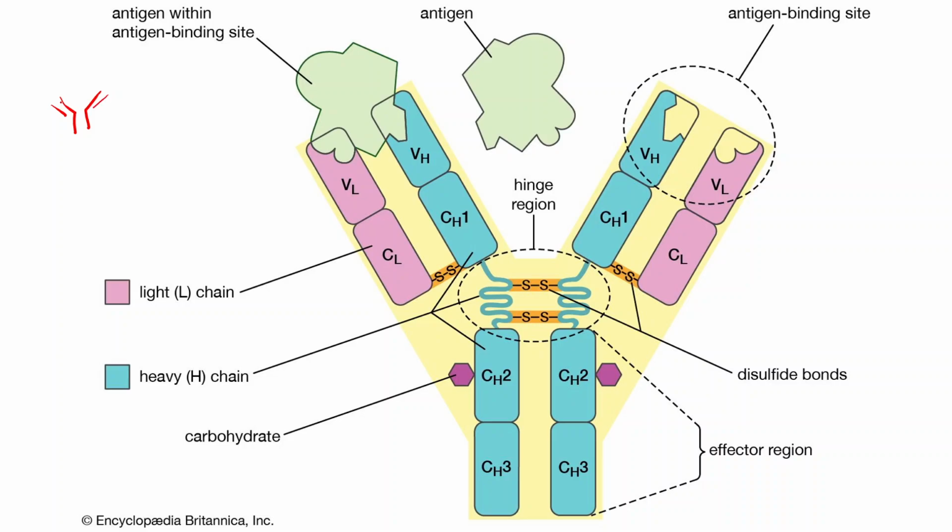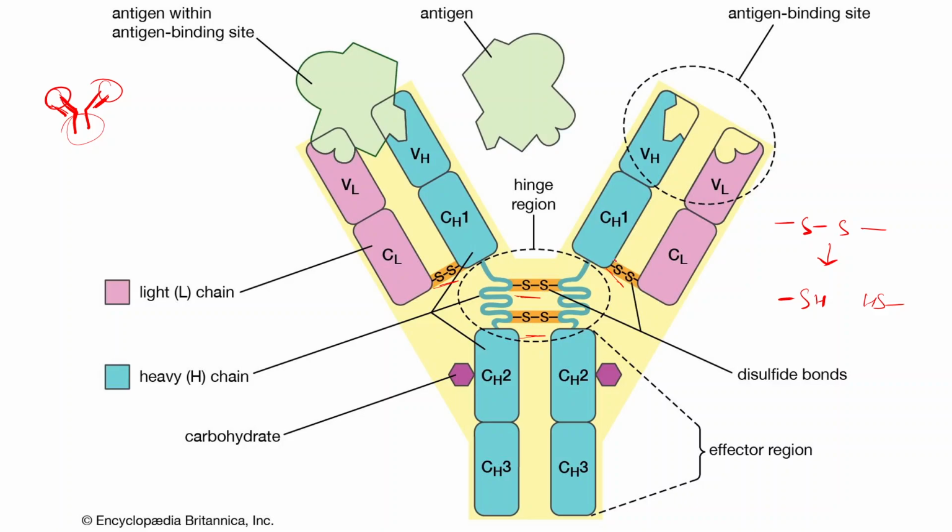So these are the 2 heavy chains and then 2 light chains outside the Y. This represents the antigen binding sites, and this represents the FC region. All these chains are linked with disulfide bonds. You can see here disulfide bonds. So if you want to break these bonds, you can use any kind of reducing agent that will reduce these disulfide bonds into SH groups, right?